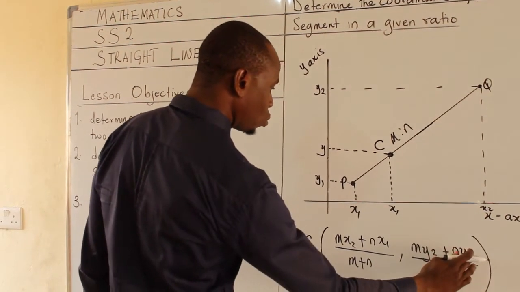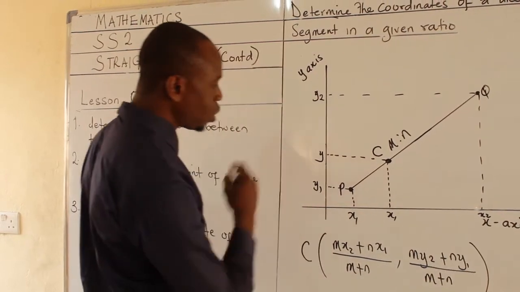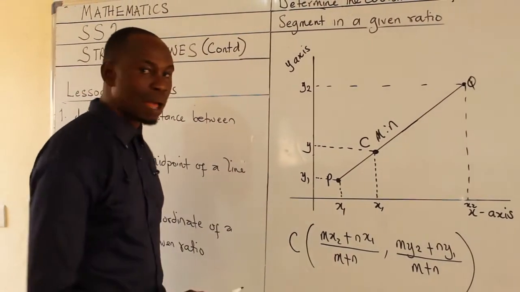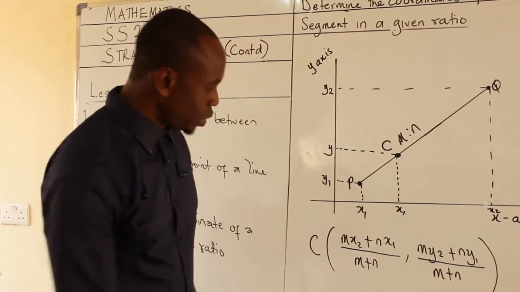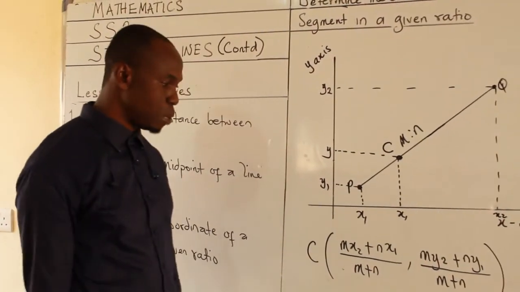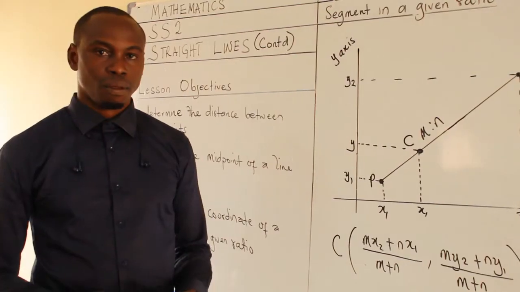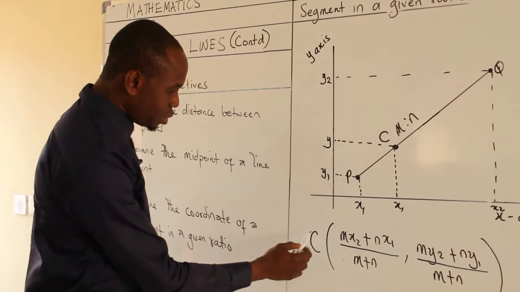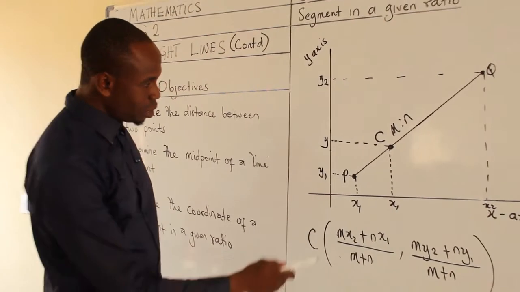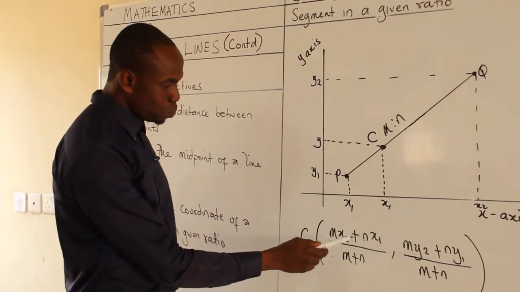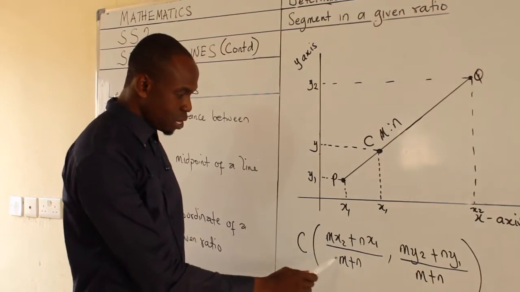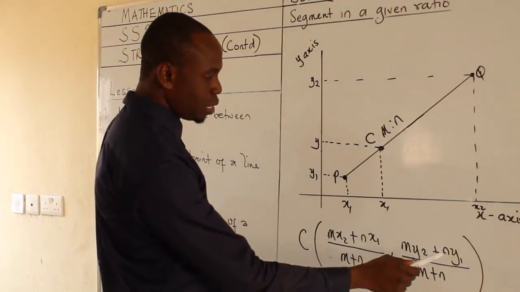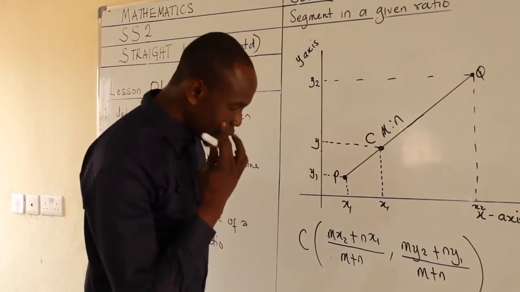So when we are told to find the coordinates of any point that is divided by a given ratio, then we apply this simple formula. The formula is simple. The coordinate C is given as (mx2 plus nx1) all over (m plus n), and (my2 plus ny1) all over (m plus n).